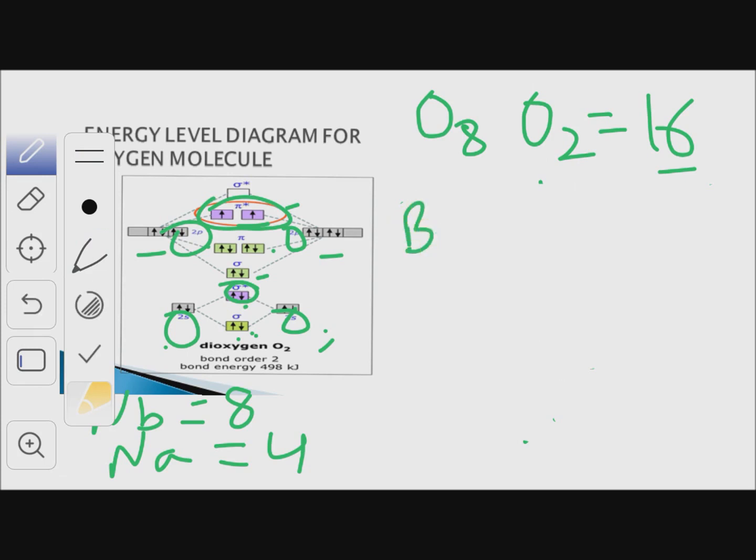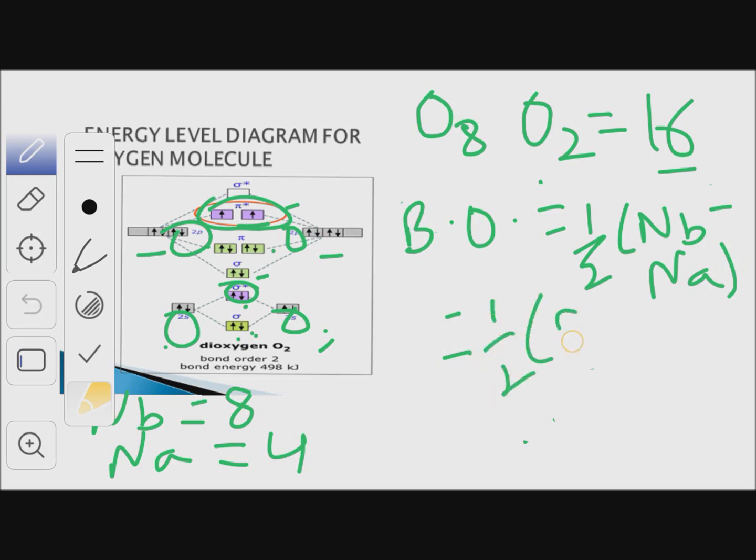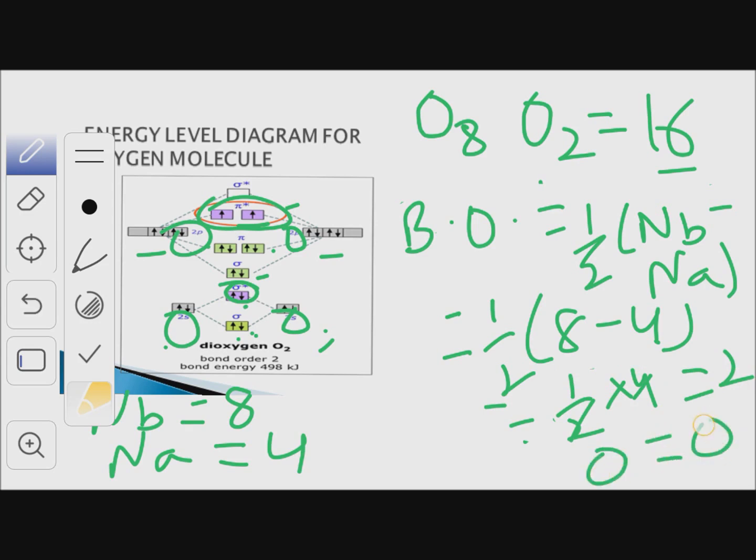The bond order formula is half of Nb, bonding electrons, minus Na, anti-bonding electrons, which is equal to 1/2 times (8 minus 4), which comes out to be 1/2 times 4, and from here we get the bond order of oxygen as 2. It means oxygen forms a double bond. Bond order predicts the bonds in the molecule.